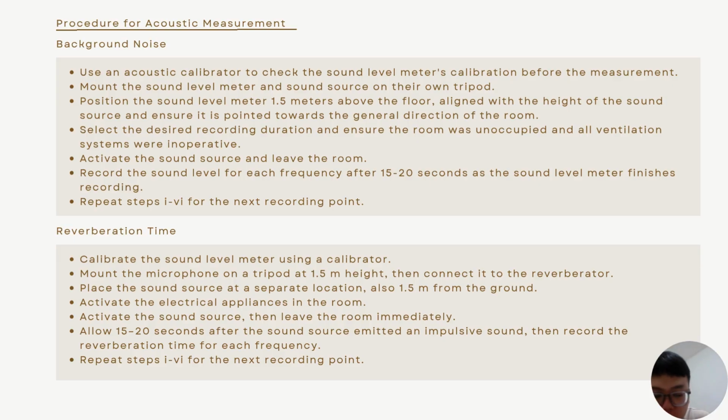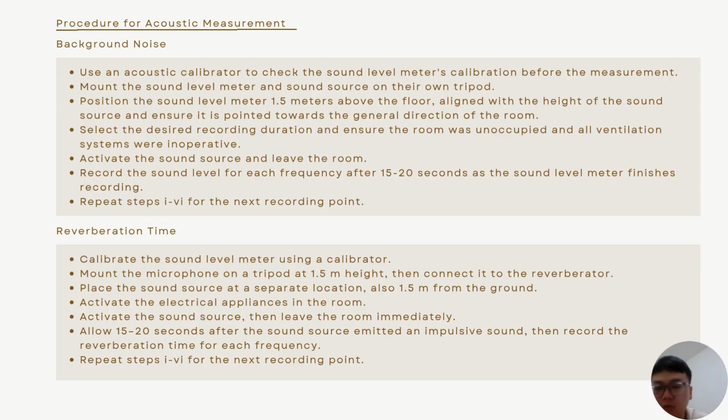After leaving the room, the sound source plays, and the sound level meter will record the sound. We allow 15 to 20 seconds after the sound source emits an impulsive sound, then record the reverberation time for each frequency. There are a lot of recording points, so we just repeat it, and then we get the reverberation time and record it down.